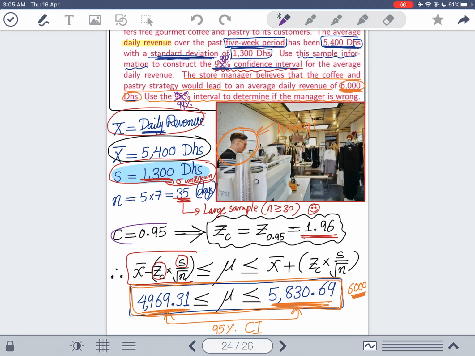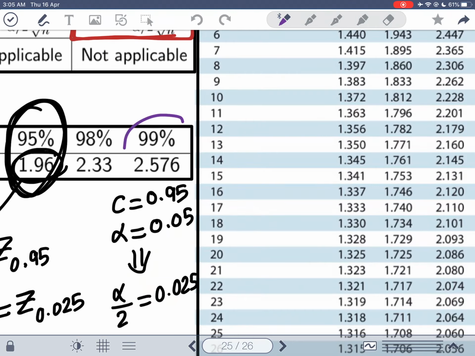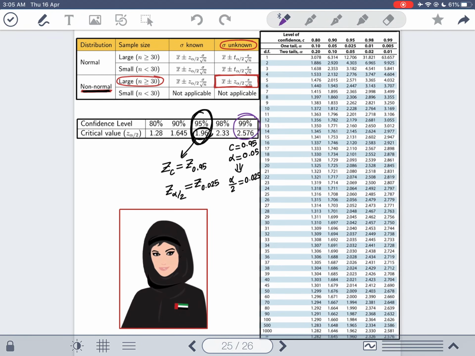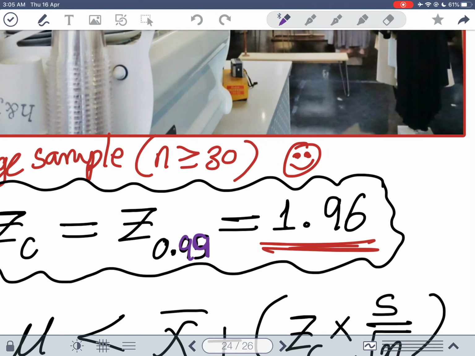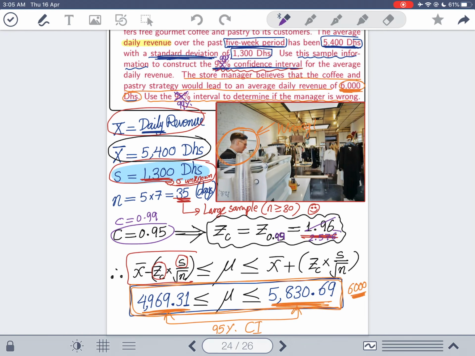You'll change C to 0.99, and then you will go here and find that for 99% it is 2.576. So you will use 2.576 instead of 1.96.